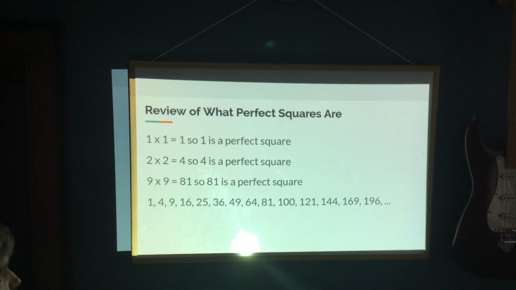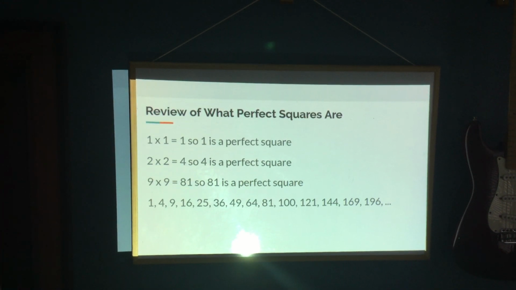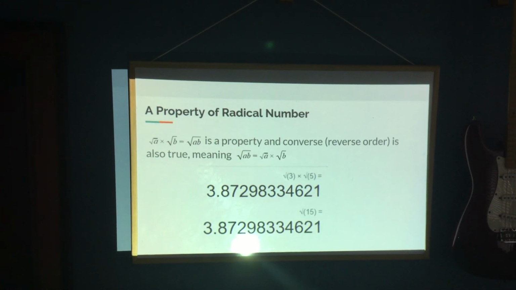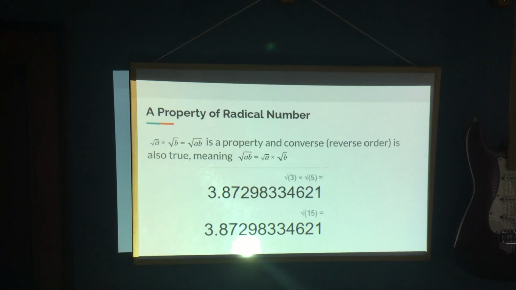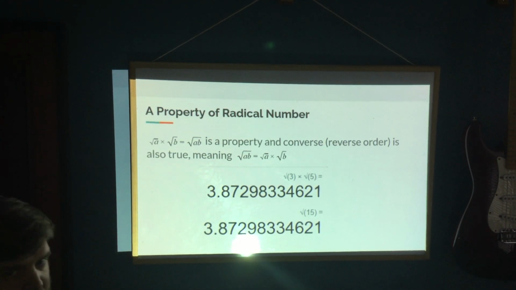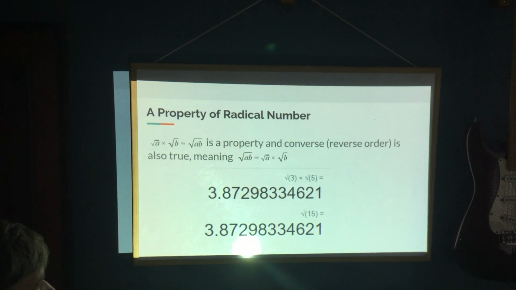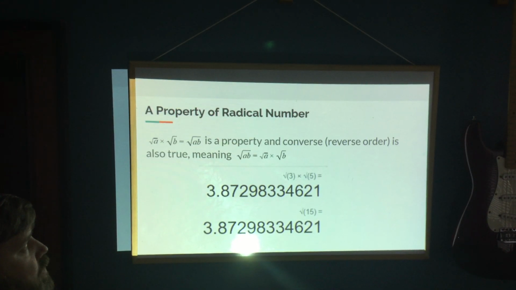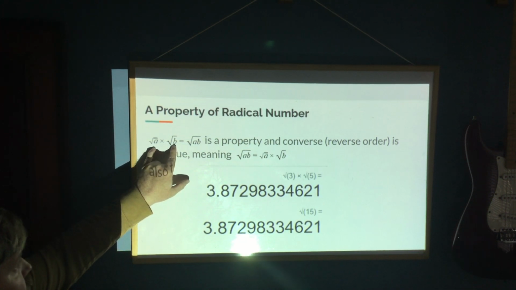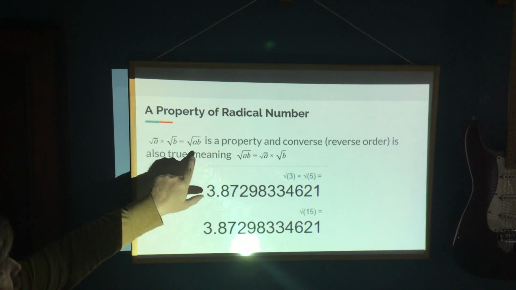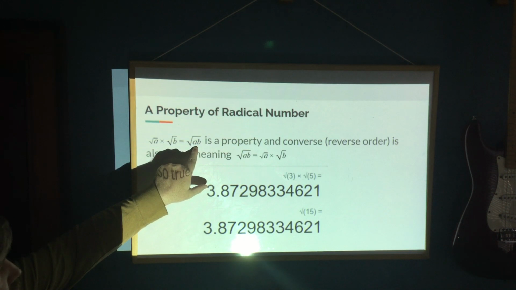All right, so we need to know what perfect squares are. And we also need to understand this property. It says that the square root of A times the square root of B is equal to the square root of AB. So if you multiply 2 square roots, it's equal to the square root of their product.